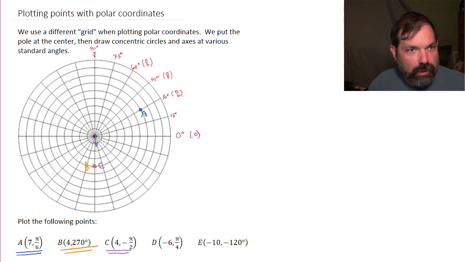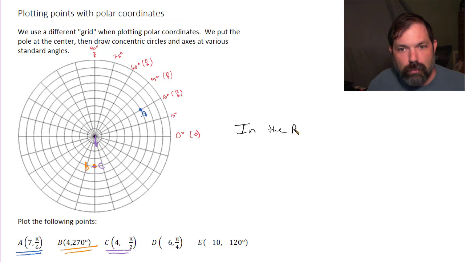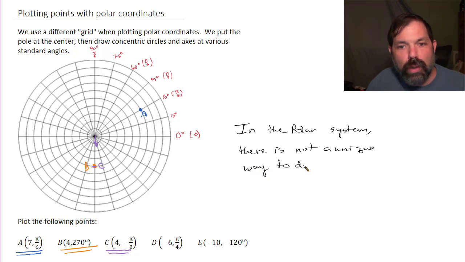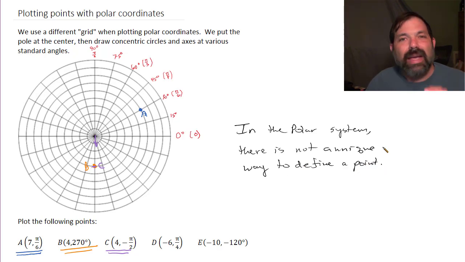In the polar graphing system, there is not a unique way to define a point. In fact, any point can actually be defined by an infinite number of polar coordinates.